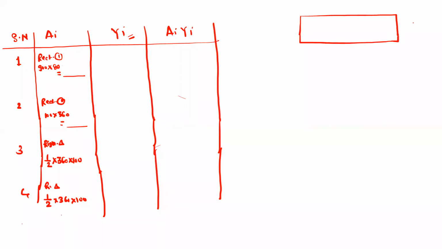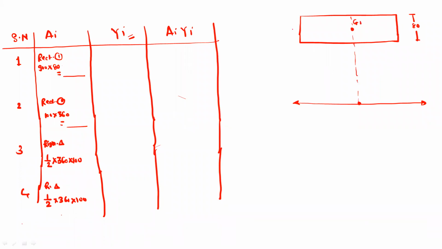Okay, so this is 80 mm. Then this is the y axis and this is the x axis. Okay, we need to find out the distance of the center of gravity.